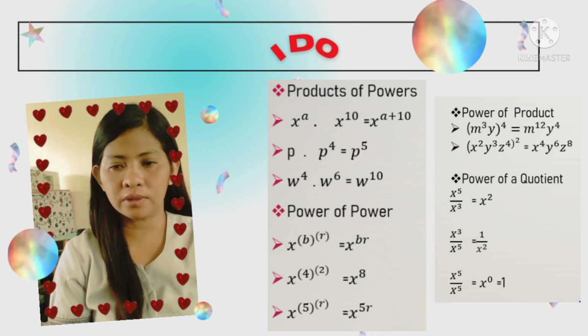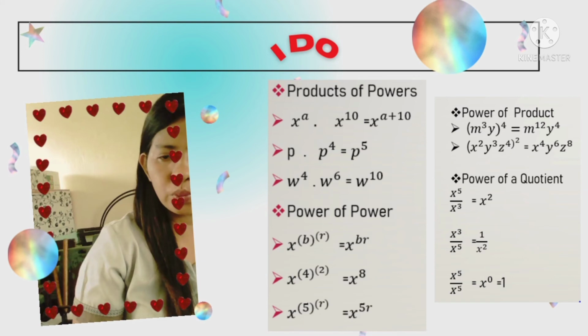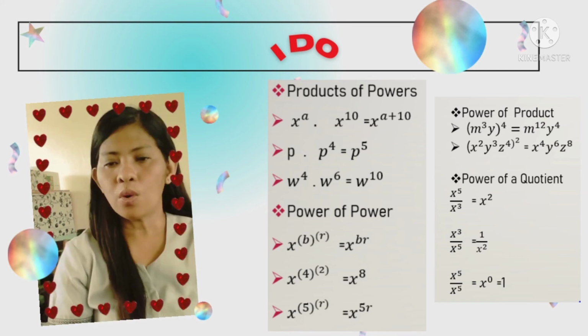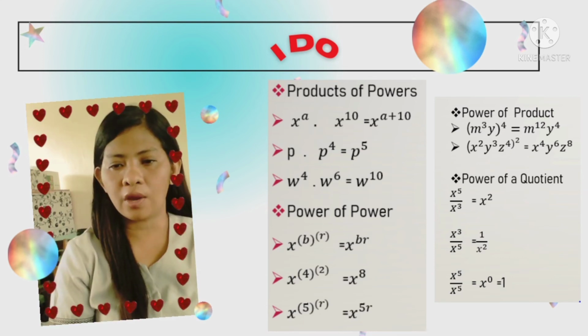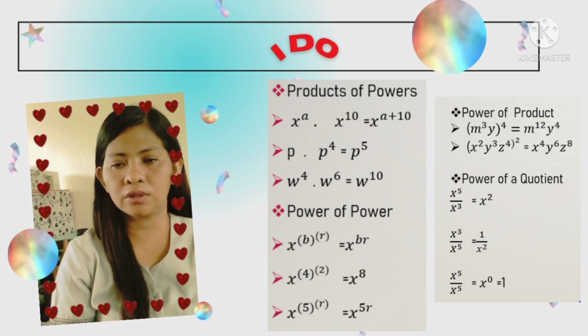Next, in parentheses x raised to the 2nd power, y raised to the 3rd power, z raised to the 4th power, close parentheses raised to 2. So class, how many terms are given in this situation? There are 3 terms, which are x, y, z.